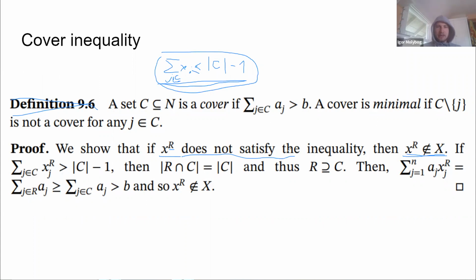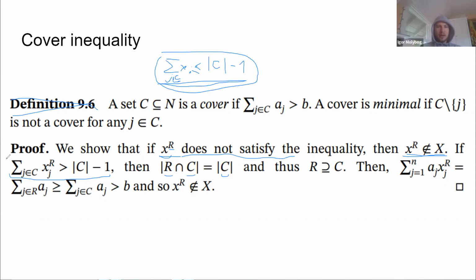So let's assume that x^R in fact does not satisfy the inequality. That just means that the following inequality holds: the summation over j in the cover of x_j^R is greater than the number of elements in C minus 1. Then the number of elements in the intersection of the set R and the set C is equal to the number of elements in C. How do we know this?